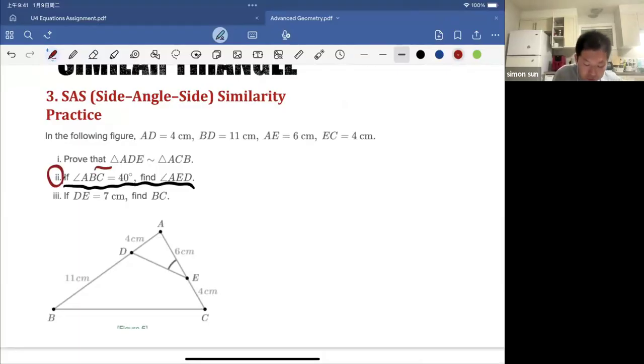But actually, you need to think about, okay, how do we prove the two triangles are similar? For triangle ADE and triangle ACB here, how do we prove those two triangles are similar?